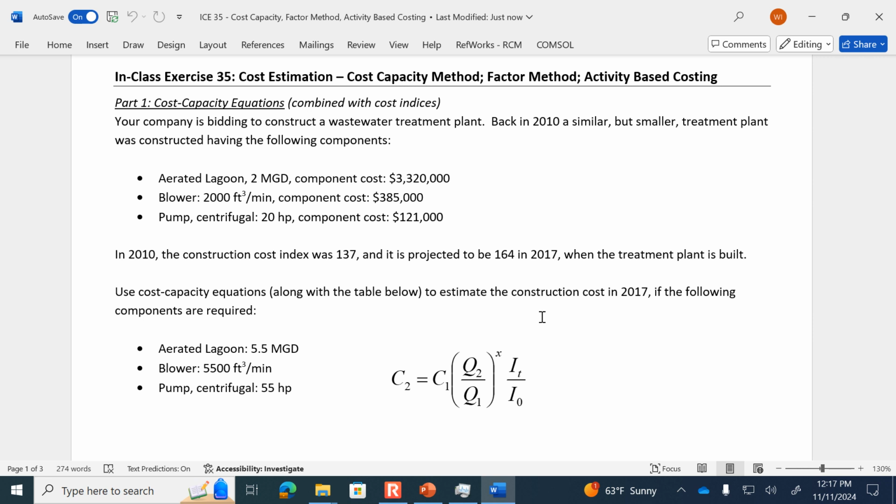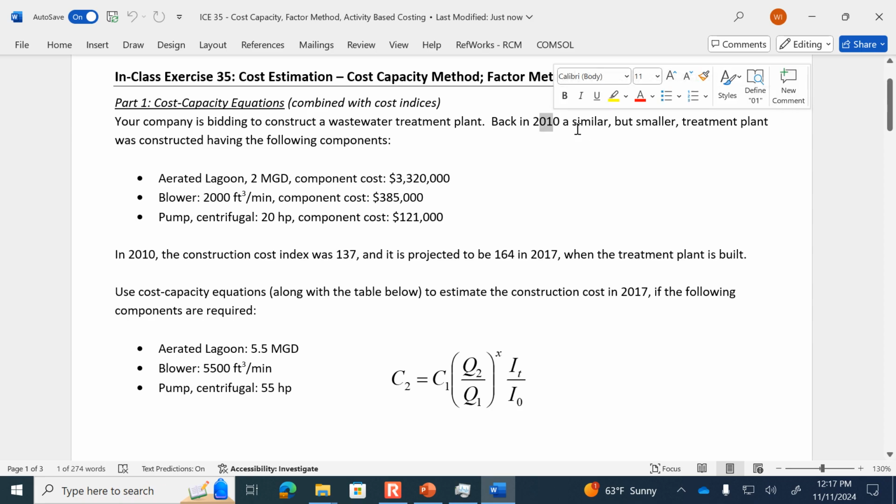Okay, so here we are going to try and predict some costs of a wastewater treatment plant. We've got data from 2010, and that was a small wastewater treatment plant where we knew the cost of the aerated lagoon, the blower, the pump, and we know the construction cost index back then.